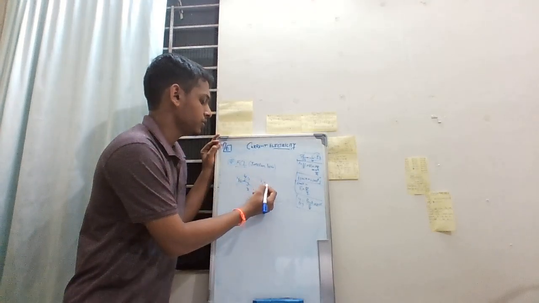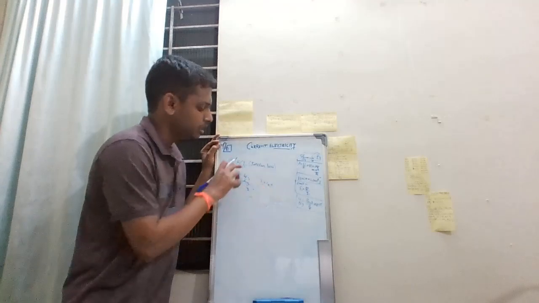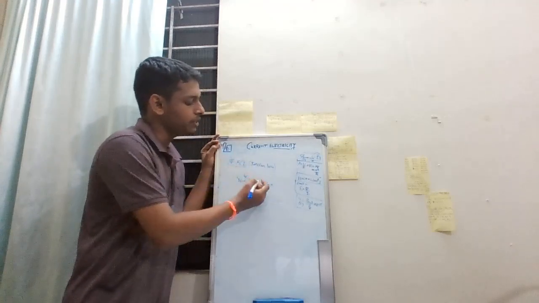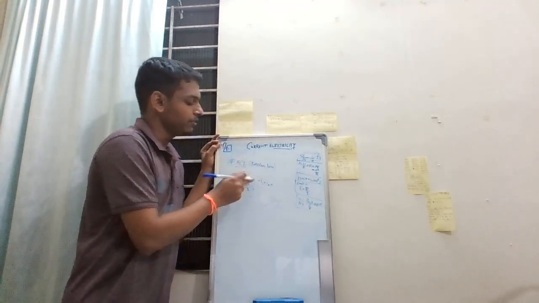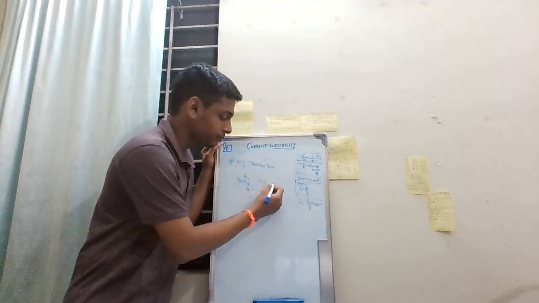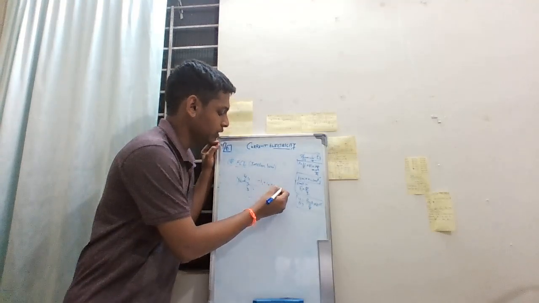So I1 plus I2 plus, here it is arriving, and if it is arriving, you have to make it leave by adding a negative, I3 equals 0.